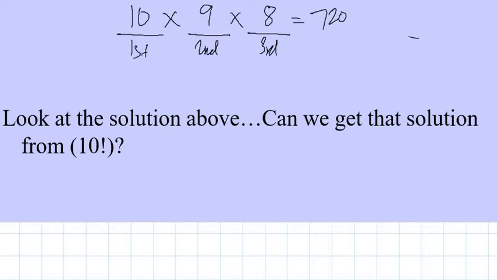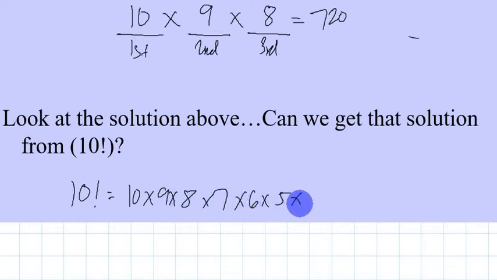So, we know 10 factorial, the definition of which is also the definition of the permutation of n taken n at a time. If we're going to position all 10 of them, that will actually be 10 times 9 times 8 times 7 times 6 times 5 times 4 times 3 times 2 times 1.